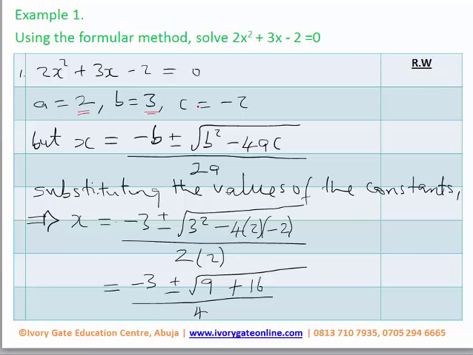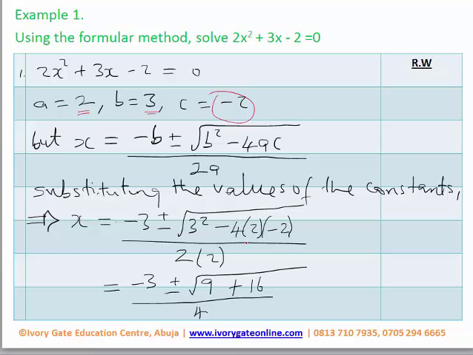So in solving the quadratic equation using the formula method or whatever, mathematics generally, you have to be conscious of your signs. I think that's just the main test here. So here we have minus b plus or minus square root of b squared minus 4ac all over 2a. Then substituting the values of the constants in this, we have b is 3, so we have minus 3 plus or minus square root of b squared, which is 3 squared, minus 4, a is 2, then c is not just 2, c is minus 2.